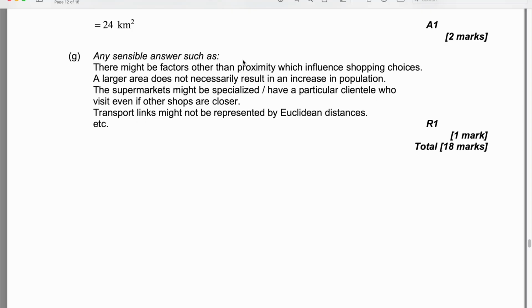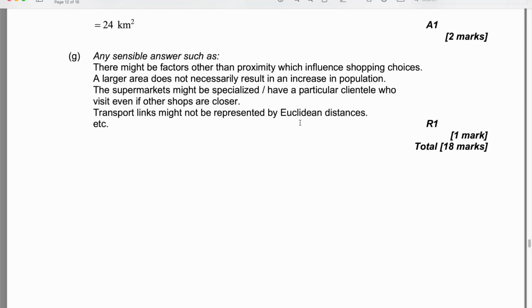So any sensible answer, such as there might be other factors than proximity, which is a little vague to be honest, but a larger area does not necessarily result in an increase in population. It's good. The supermarkets might be specialized, okay. Transport links might not be represented by straight line Euclidean distances. Okay, so either of those would work.